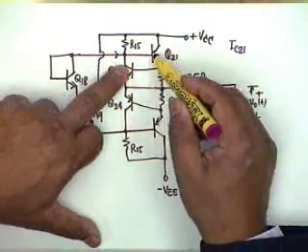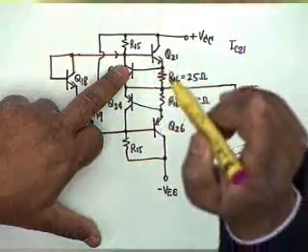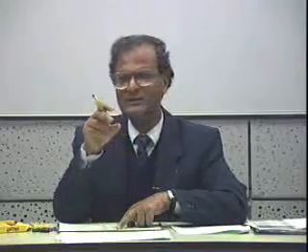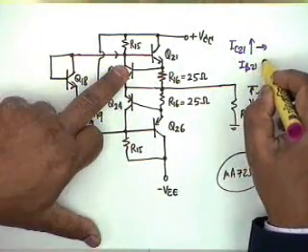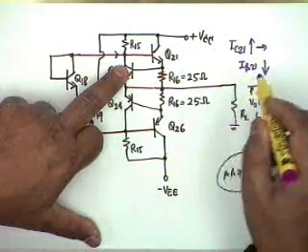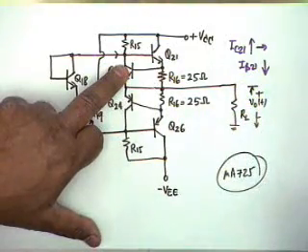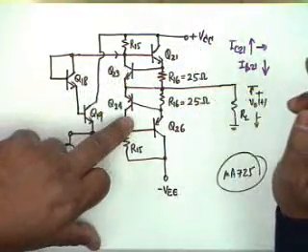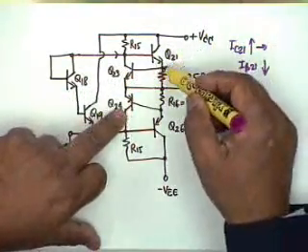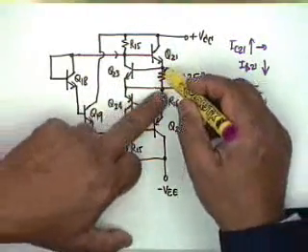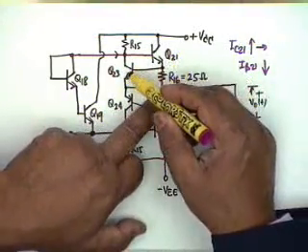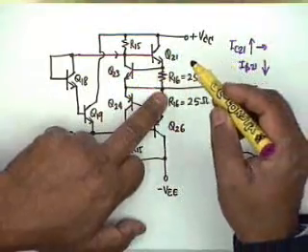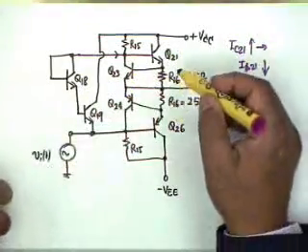So IB21 is not equal to the input current, it is only a part of the input current, and therefore when IC21 increases, IB21 decreases, and if IB21 decreases, IC21 also decreases. Alright, which means that this voltage is limited to approximately 0.7, taking Q23 into the active region.